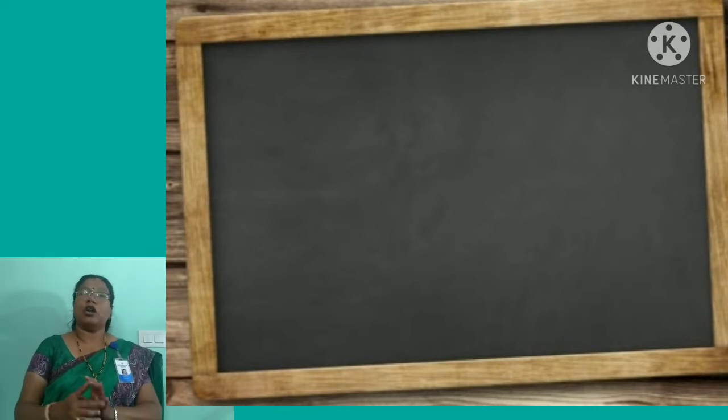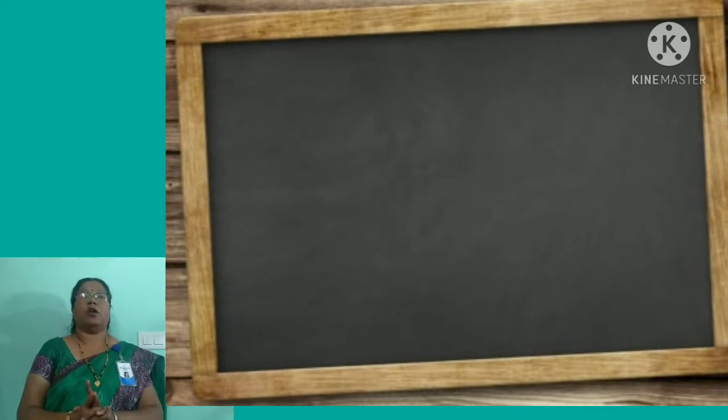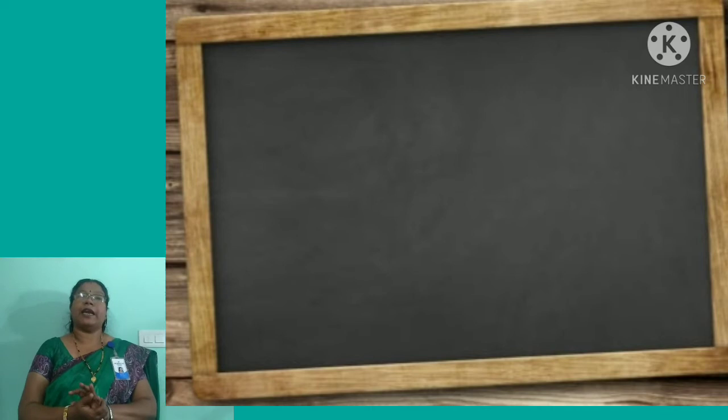Then, non-luminous objects are those objects which do not emit light of their own. They do not have light of their own. Such objects are known as non-luminous objects. Examples of non-luminous objects: first one is moon. Moon you have studied in 6th standard.